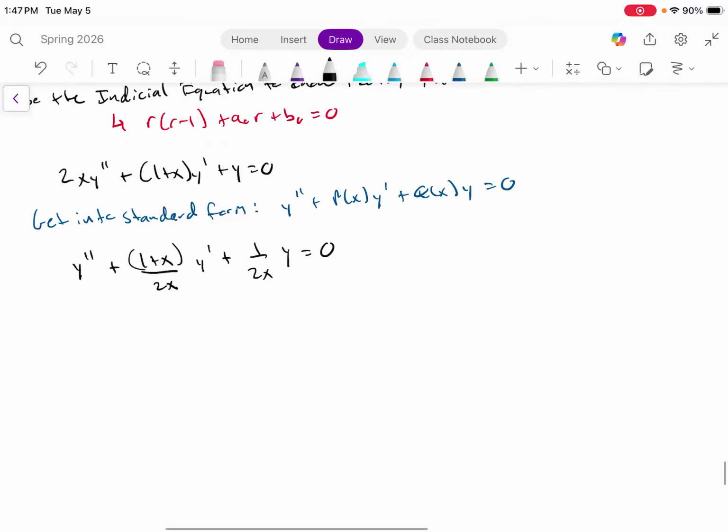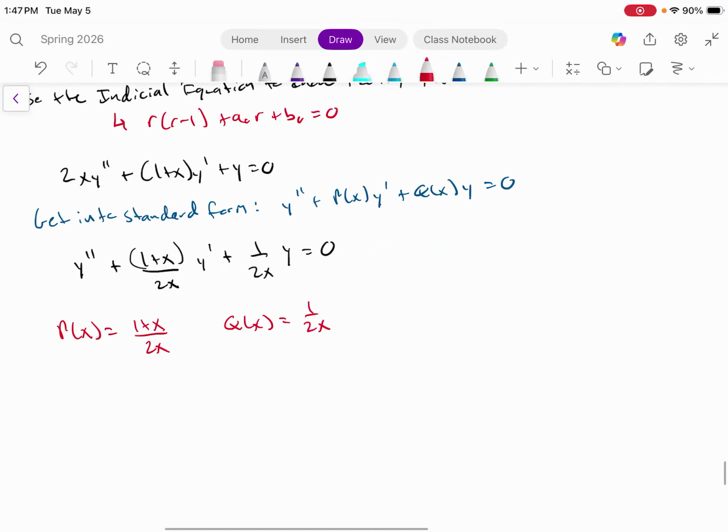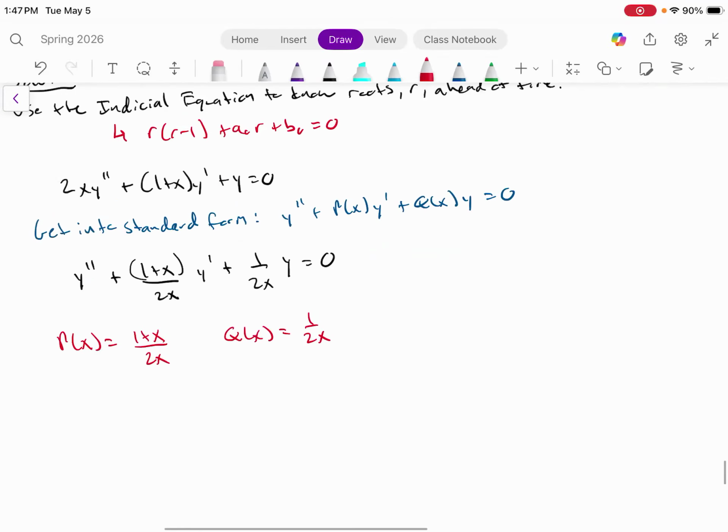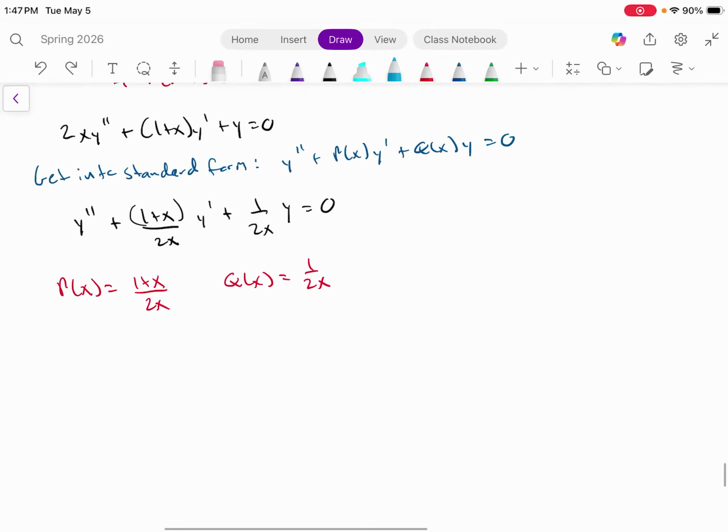Okay, so that means P of x is this (1 plus x) over 2x, and Q of x is this 1 over 2x. Okay, and so we still need to figure out what a naught and b naught are. We're still on that path. So before we do, we need to figure out little p of x and little q of x.